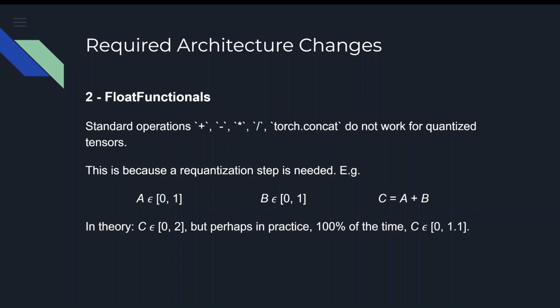But in practice, maybe, just the way that A and B work out to be is that 100% of the time, experimentally, C is just in between 0 and 1.1, in which case there's no reason to have quantization range between like 1.1 and 2. So when we do this, it would be better if it had its custom quantization parameters for that operation, so as not to waste quantization space. So that is why we can't just use plus, minus, multiply, concat, etc. These all require a requantization step.